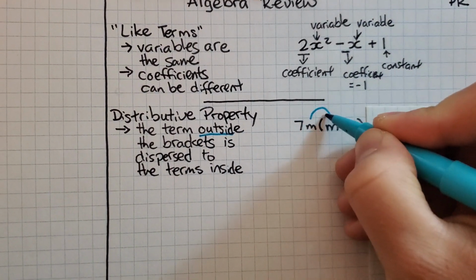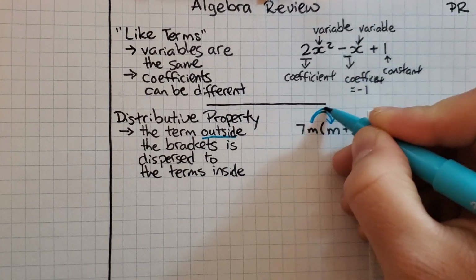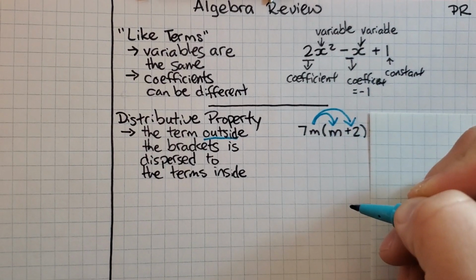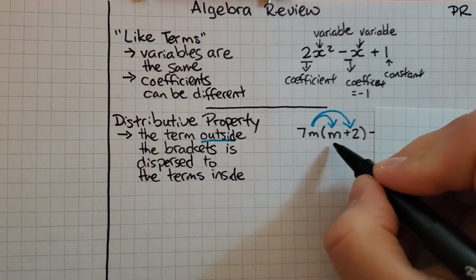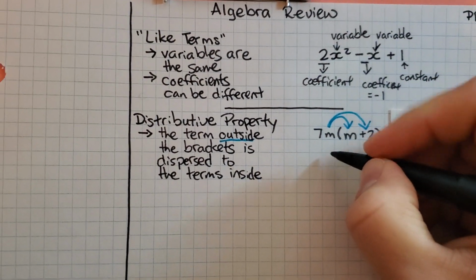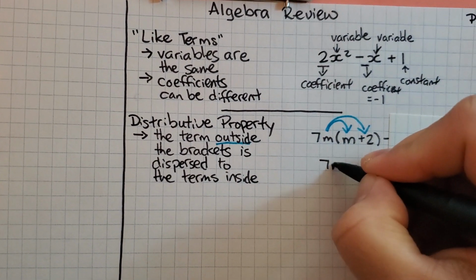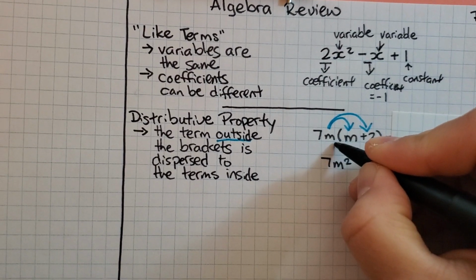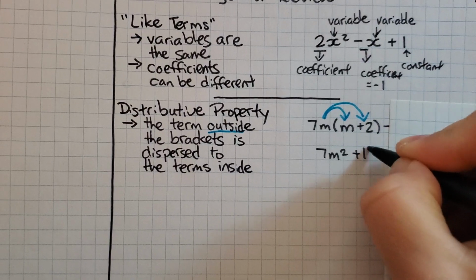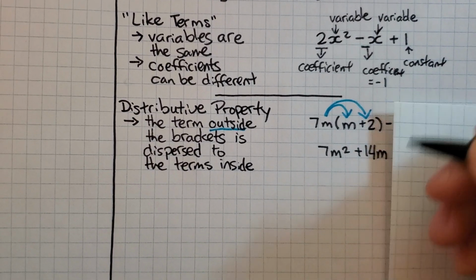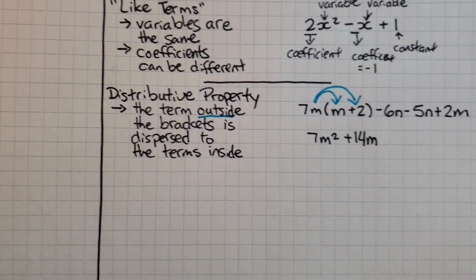So this is the outside the brackets, goes to this one, and it goes to this one. This is what that looks like. So 7m times m is 7m squared. 7m times 2 is 14m. And then you just write the rest like normal.